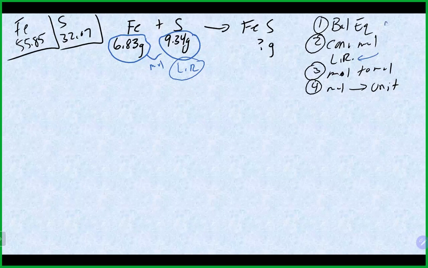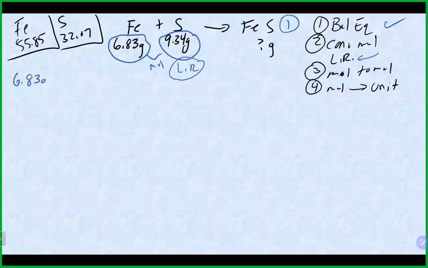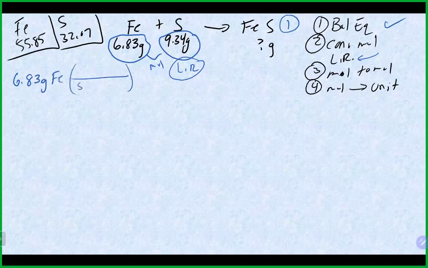We're going to balance the equation, which it looks like it's balanced. We are then going to convert to moles, so we're going to convert each of our reactants into moles. We'll take our 6.83 grams of iron, using the molar mass from the periodic table, with grams on the bottom so that they cancel. That's going to get us 0.122, it looks like.